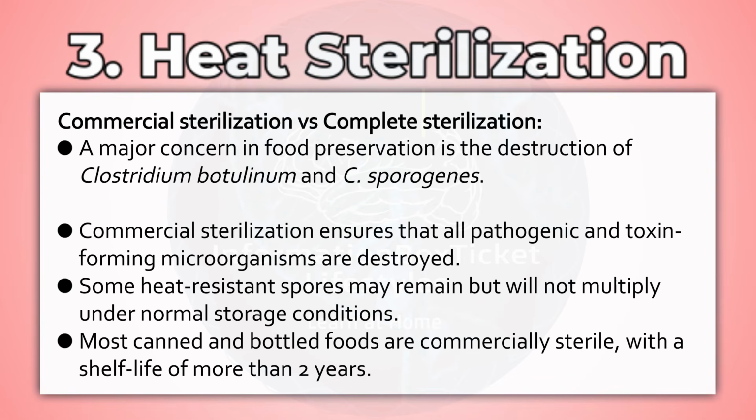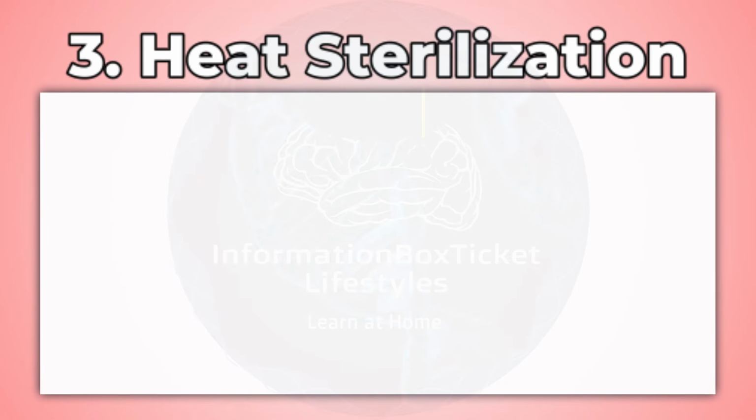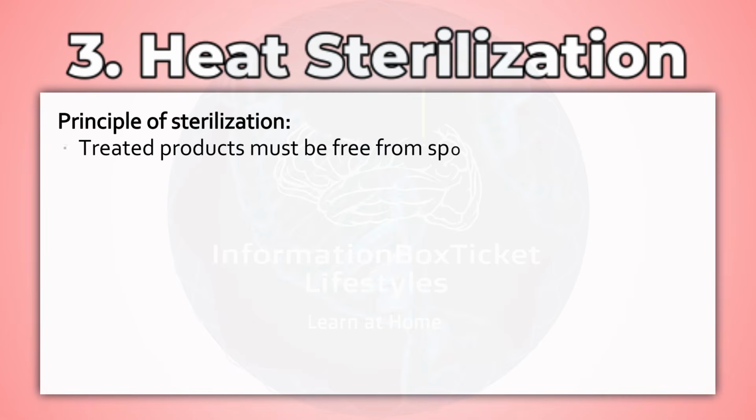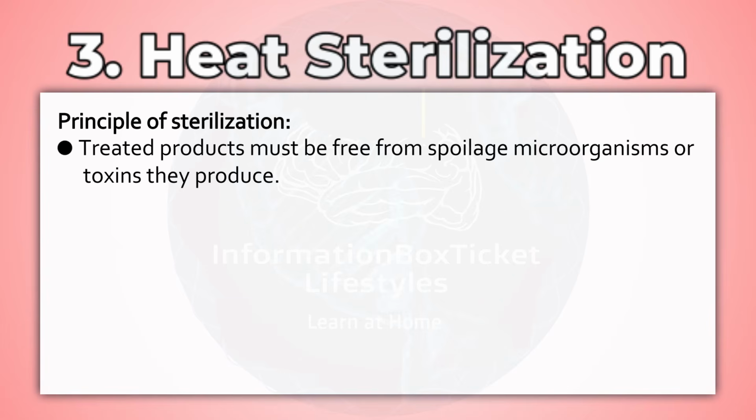A major concern in food preservation is the destruction of Clostridium botulinum and C. sporogenes. Principle of sterilization: treated products must be free from spoilage microorganisms or toxins they produce.